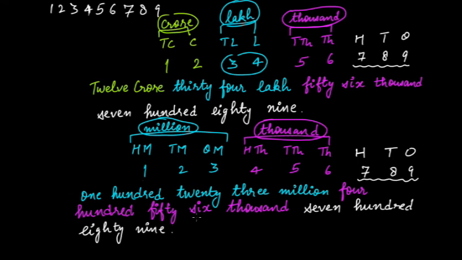So the way you will read this number is 123,456,789. You could see clearly this naming is different from this one. So this was Indian and this was international.